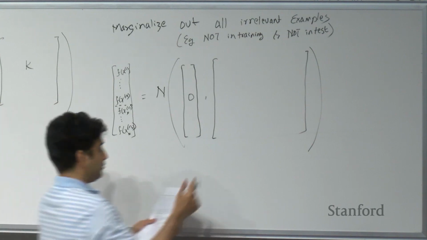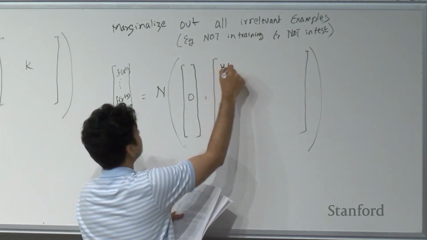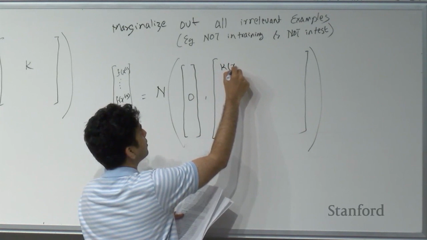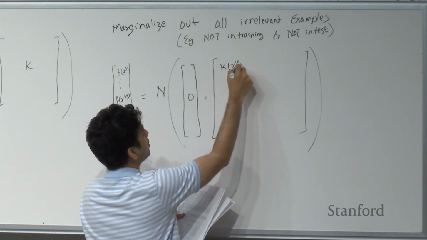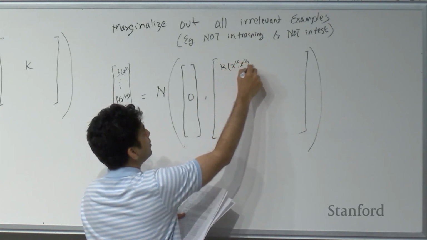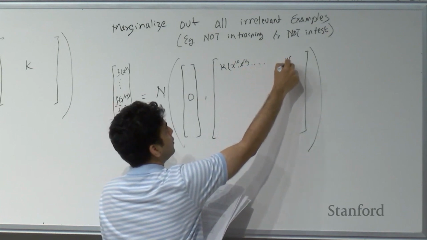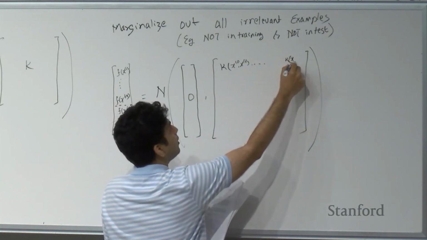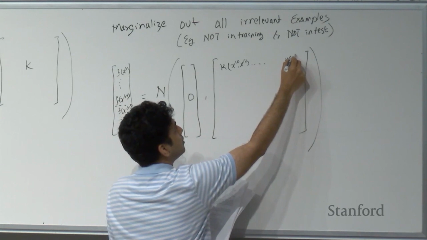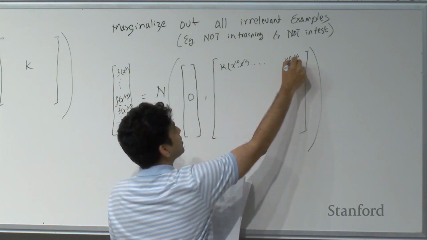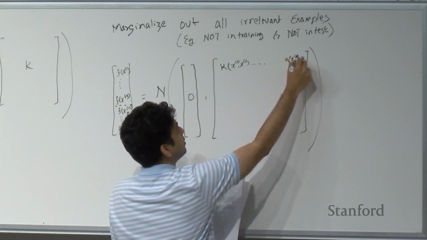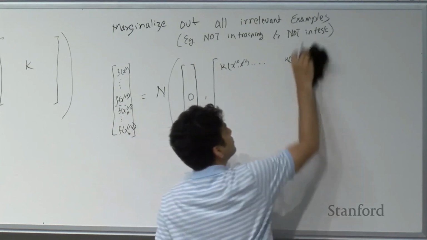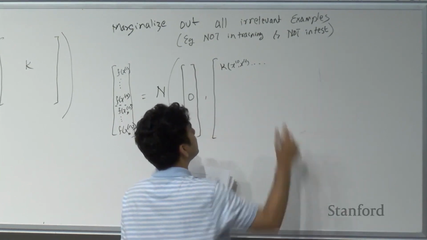Similarly, here we evaluate k of, in this case, x1, x1, and so on, k of x star 1 or n star. Let me write this more clearly.